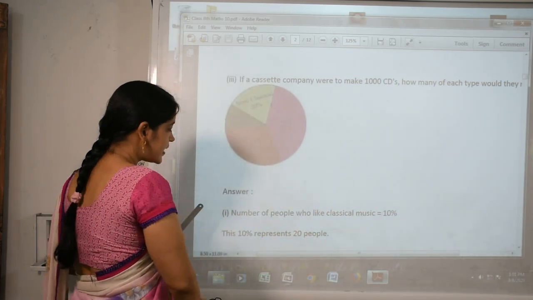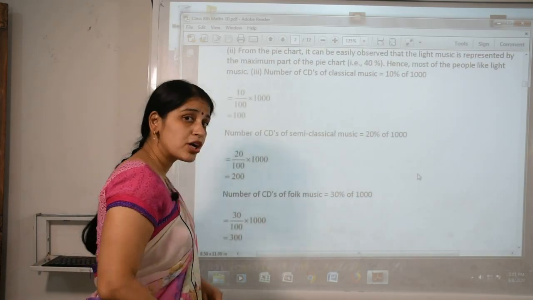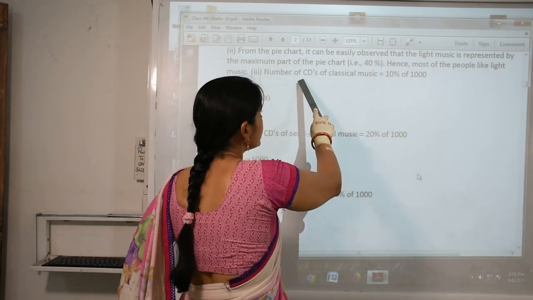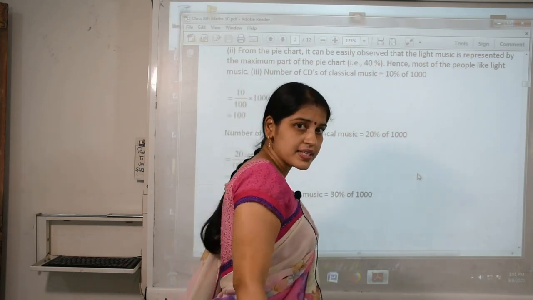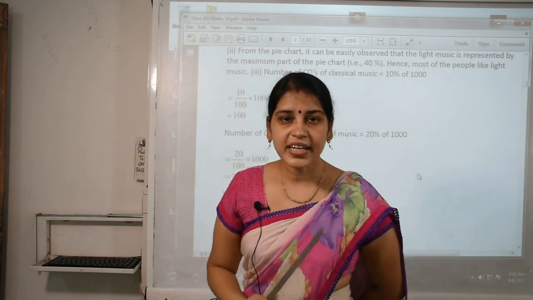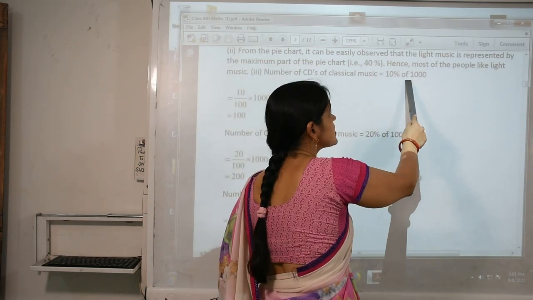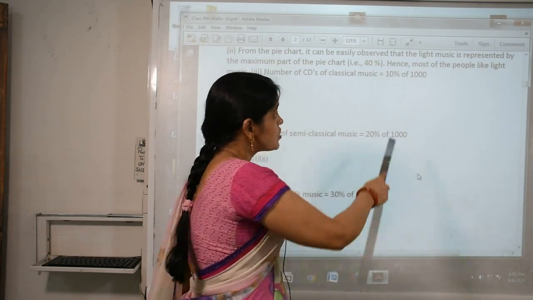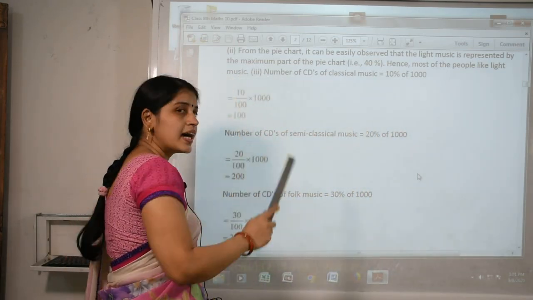So for classical it is 10%. So first we find number of CDs of classical music. So we write here number of CDs of classical music is 10% and total number of CDs also mentioned is 1000. That means 10% of 1000. So 10% means 10 upon 100.